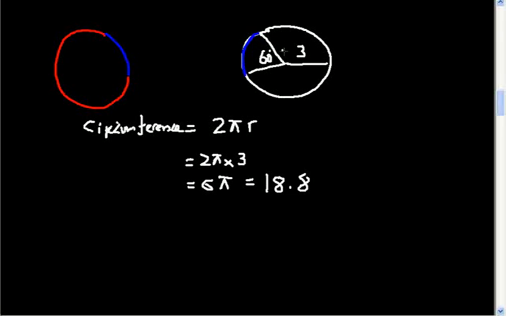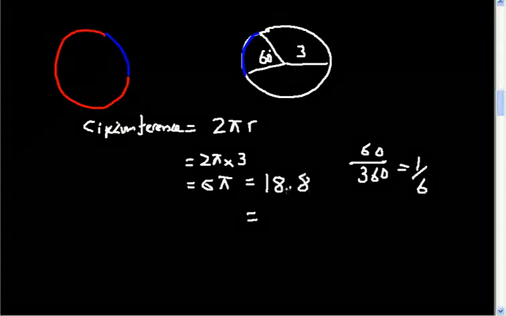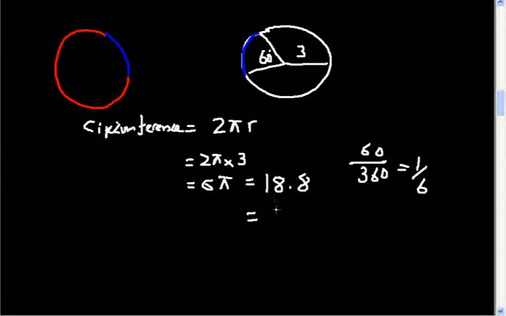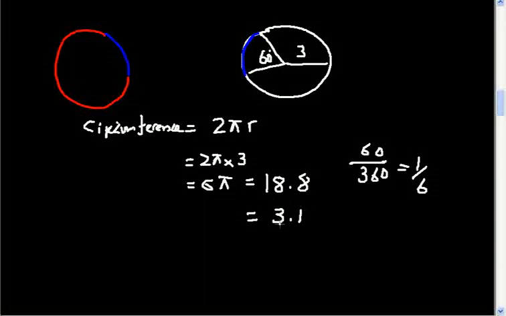If you traveled across 360 degrees, that's 2 pi. But if you traveled through 60 degrees, work out 60 degrees as a proportion of 360, which is a sixth. So the length of this arc would be a sixth of this result, which is approximately 3.1.